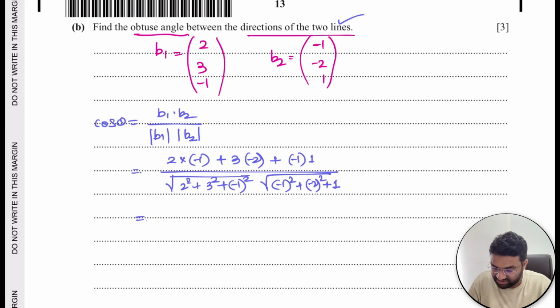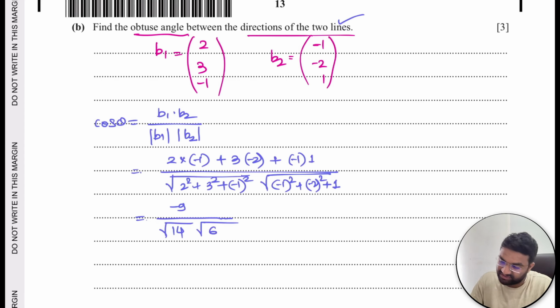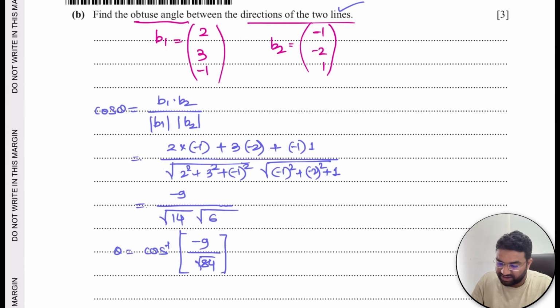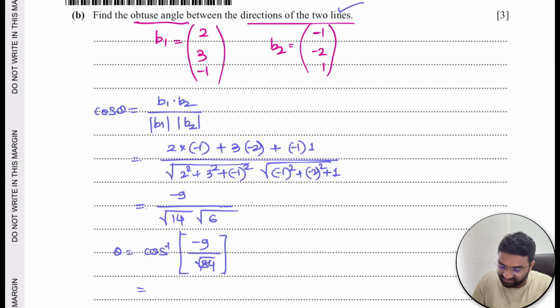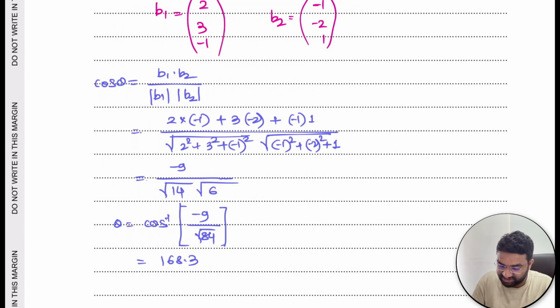After simplification, the numerator is -9. The denominator is the square root of 4 + 9 + 1, which is 14, and the square root of 1 + 4 + 1, which is 6. So θ equals cos inverse of -9 over root 84, and we get θ around 168.3 degrees. This is the obtuse angle.